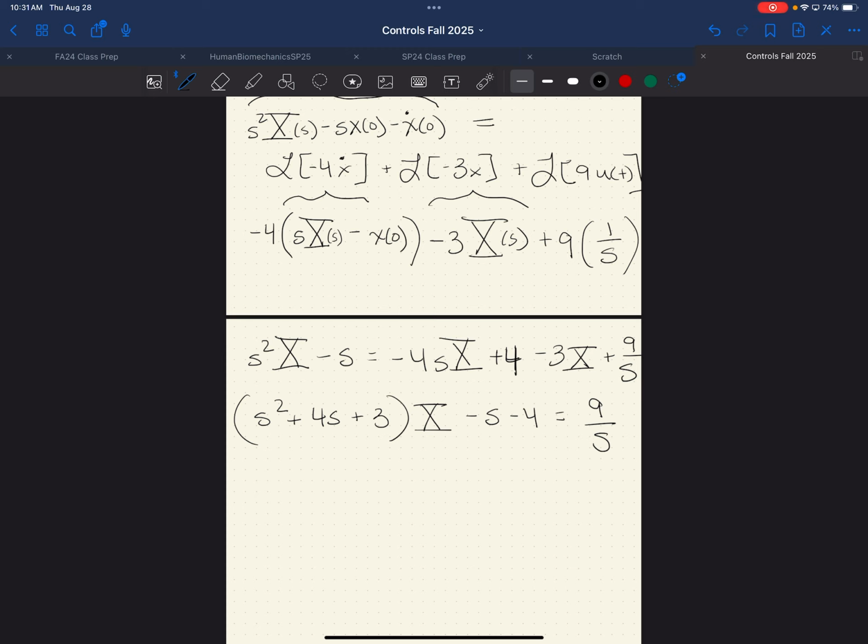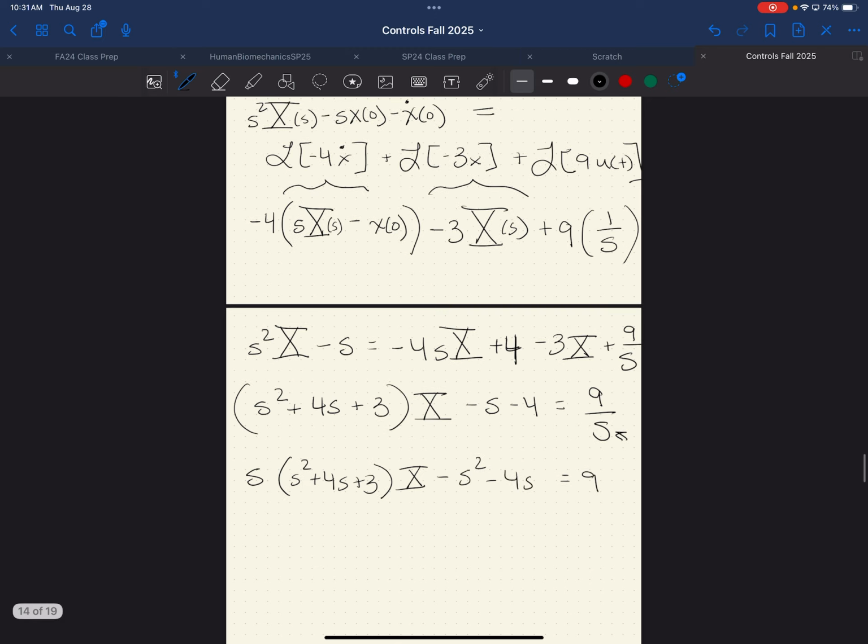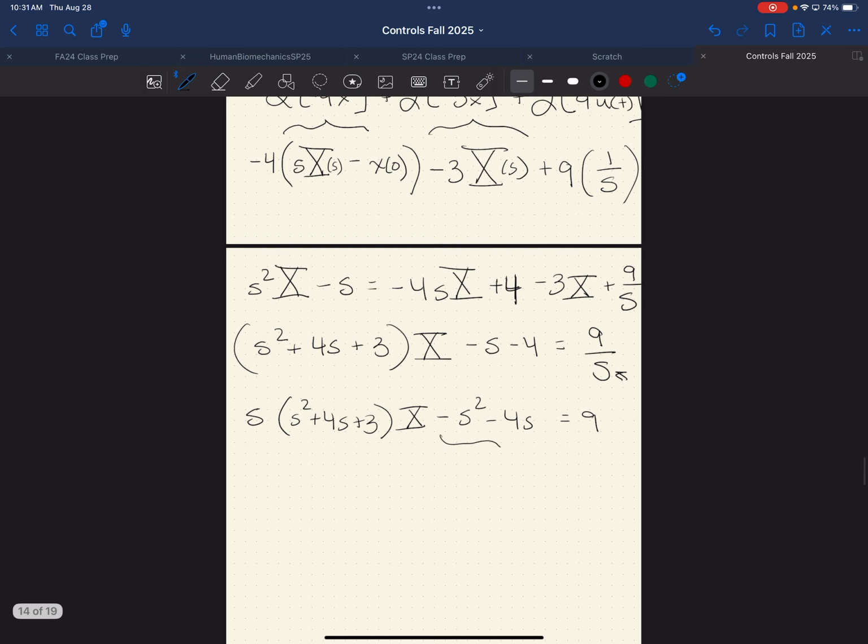Let's try to get this s over on the other side. So we just need to multiply s times s squared plus 4s plus 3, big X, minus s squared minus 4s equals 9. Okay, now we can move these guys over. So we'll have s squared plus 4s plus 3, big X equals 9 plus s squared plus 4s.